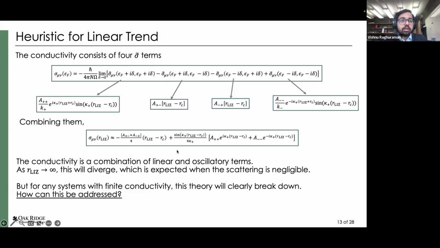I see. So this makes sense for systems where you have very weak disorder, and there's no resistivity. But if you want to explain alloys or any system that has a finite resistivity, then how would we build a theory for that?